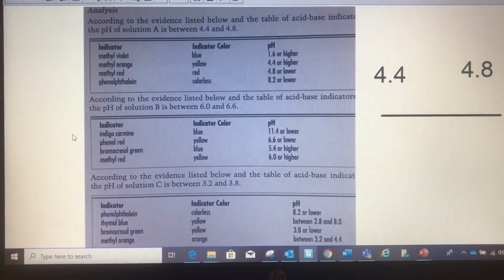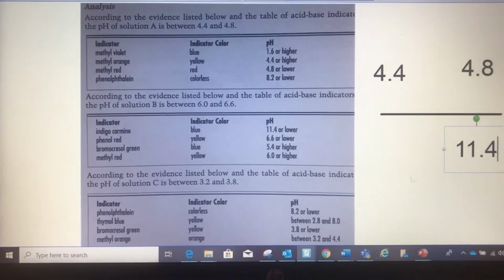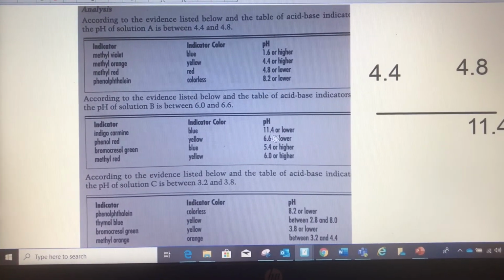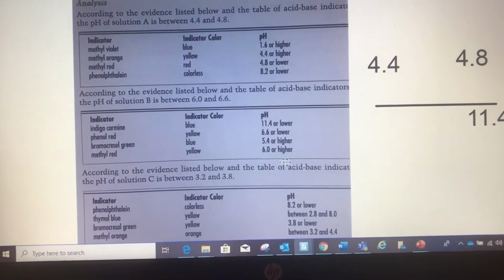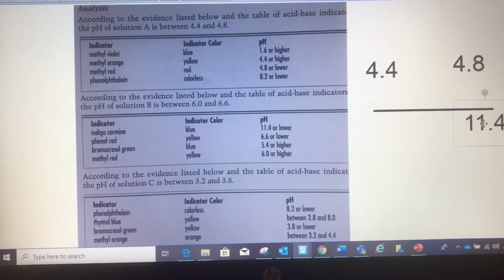But if I just looked, it says indigo carmine is 11.4 or lower for this particular solution. So there's 11.4 or lower is its pH if the solution is blue, okay? Or 6.6 or lower if it's indeed with phenol red.